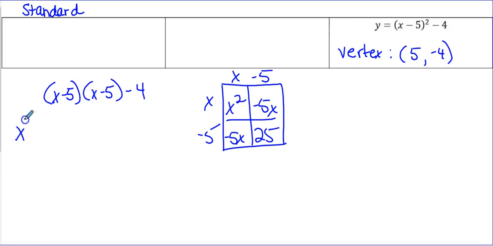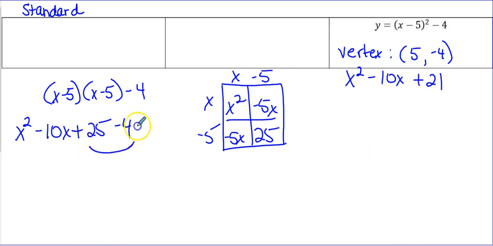So I have x squared minus 10x plus 25. Don't forget about your minus 4. So that gives me x squared minus 10x plus 21, because I'm just going to combine these two things. Okay, sorry, I should have written that over here. X squared, actually let's write y equals. Let's not forget about the y equals.